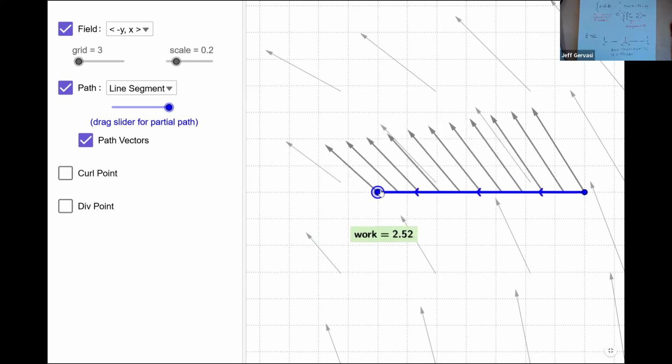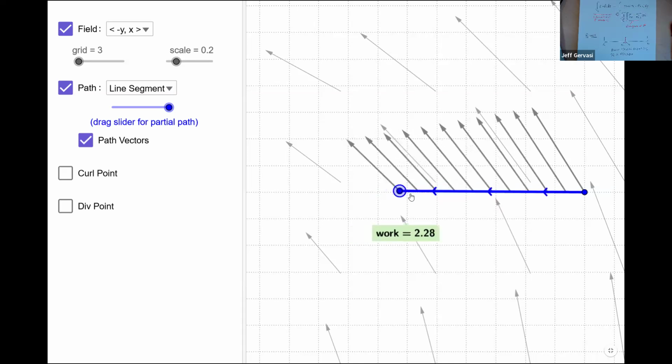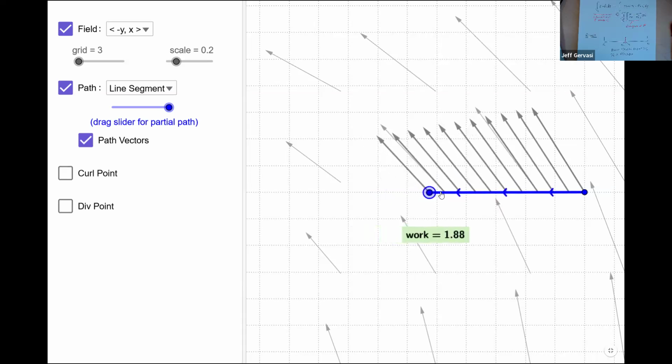Okay, see that? Now, mind you, gang, before I continue, notice that the vectors are all of varying length and directions, right? So that we have a varying force over that little tiny line segment. But what can you say about the arrows as the line segment shrinks? Look at this.